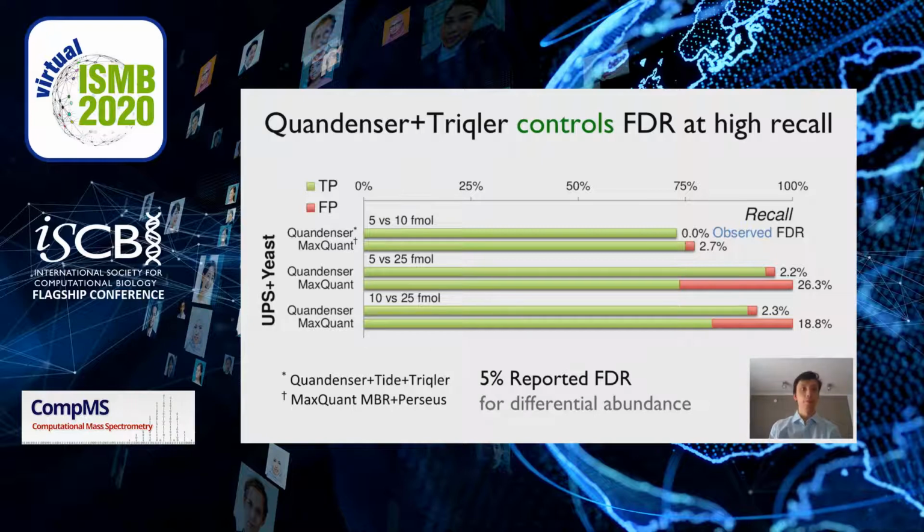And we could confirm that on our UPS yeast sample, we could control the FDR below the reported FDR of 5%, and to do this at a very high sensitivity as well. Whereas MaxQuant combined with Perseus had a lesser sensitivity and also had relatively large problems controlling the FDR below 5%.